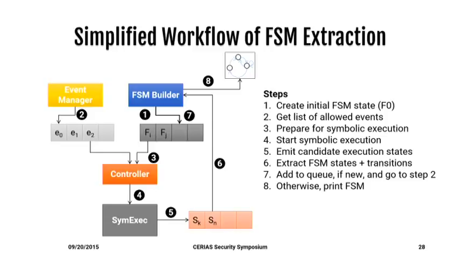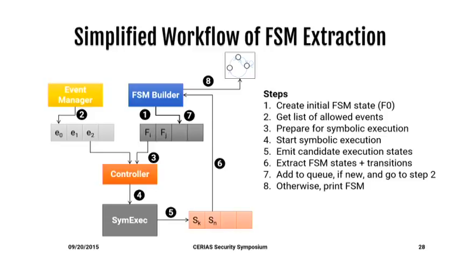So you take one event and one FSM state, and you give it to the symbolic execution, which runs. It's going to change some state or not change it. You track that, and every time the symbolic execution stops, you see whether the state you have right now is a new state.